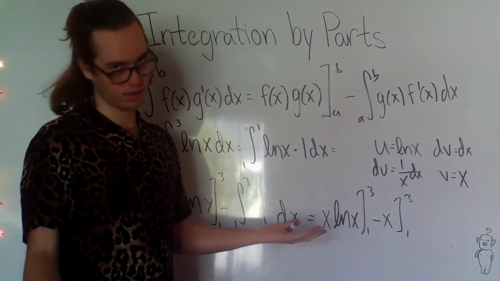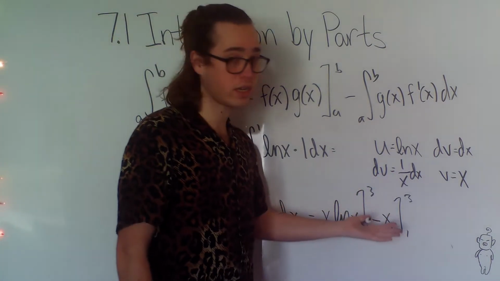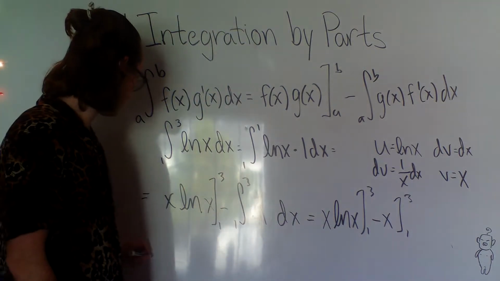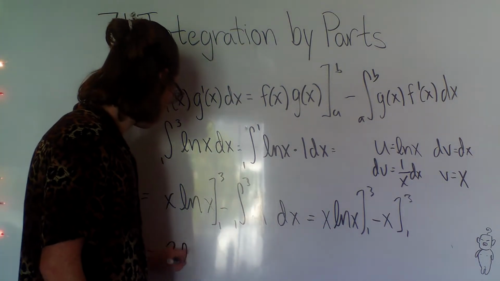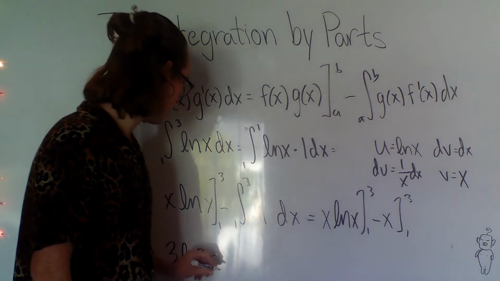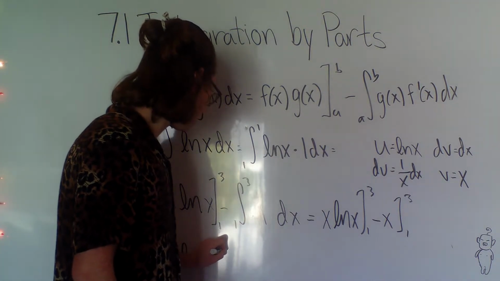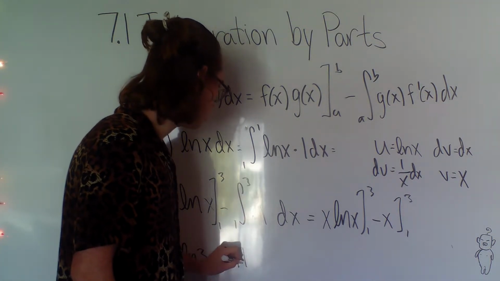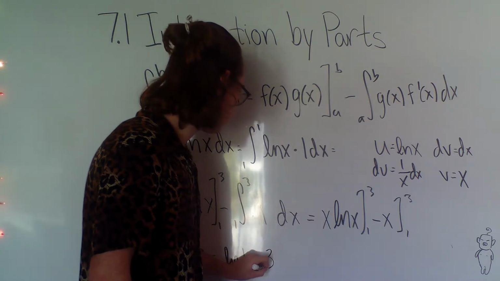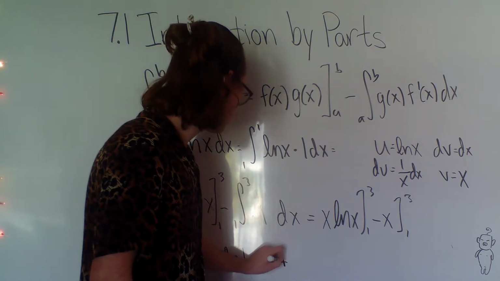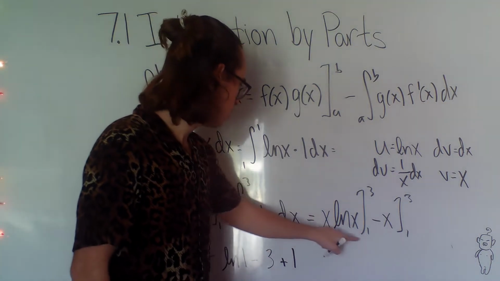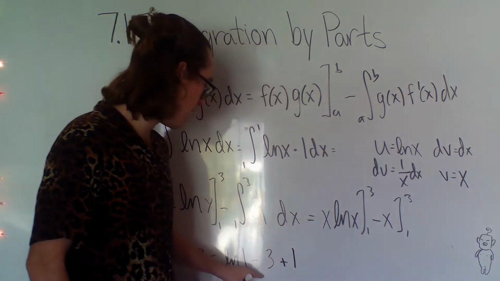Come on now, Logan, why are you even saying this? So then we just plug in our bounds and we can say this is just equal to 3 ln 3 minus 1 ln 1 minus 3 plus 1, right? Because that's negative, so then the negative 3.